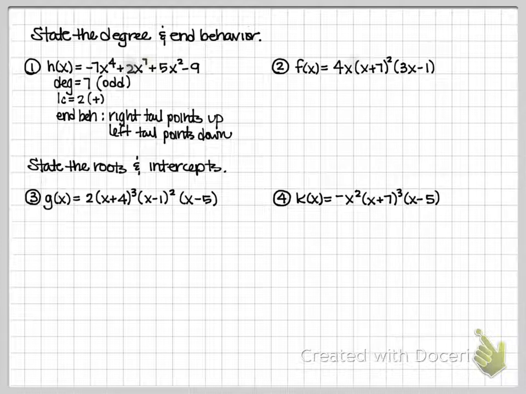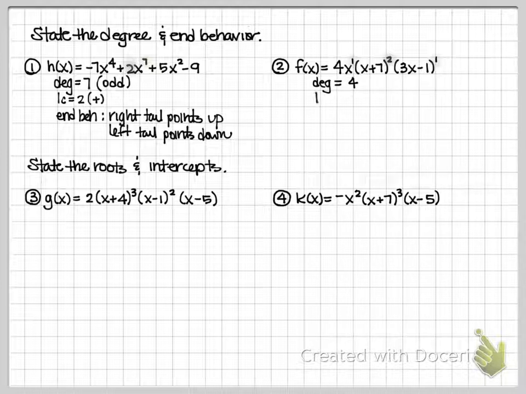So there's no exponent on the first x, which means there's technically a 1 there. And then you've got an exponent of 2, and then again another no exponent. So there's an exponent of 1. In this case, you're going to actually add those numbers together to get the degree. So in this case, the degree is going to be 4.